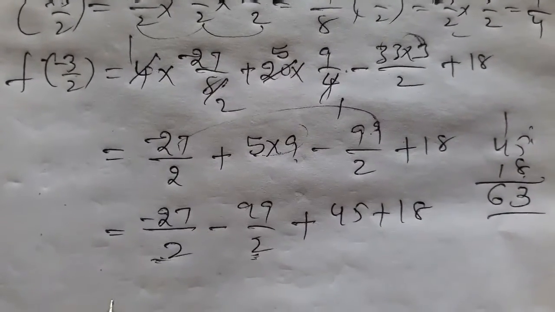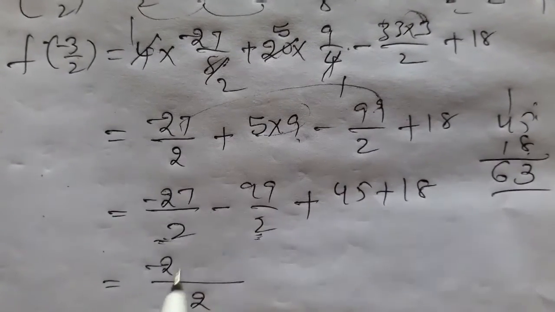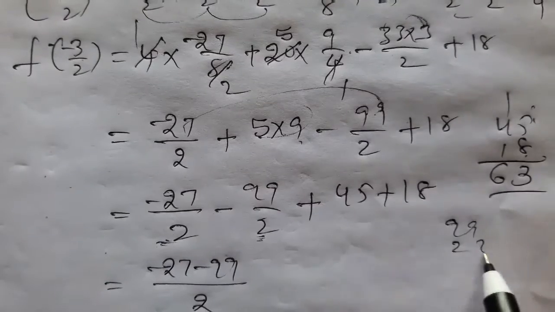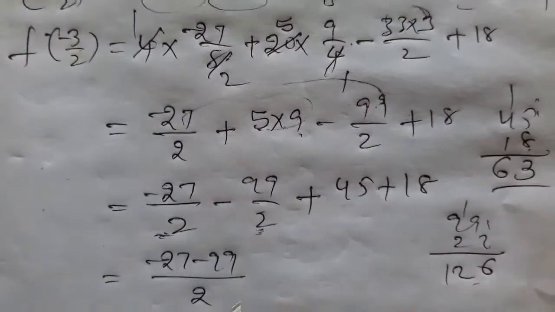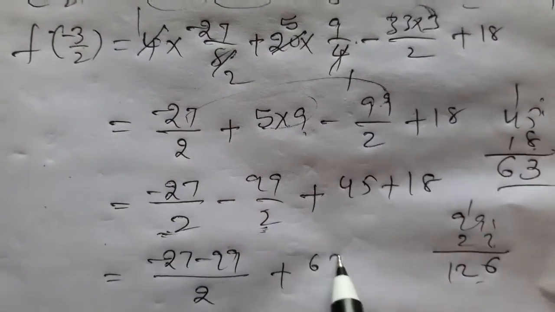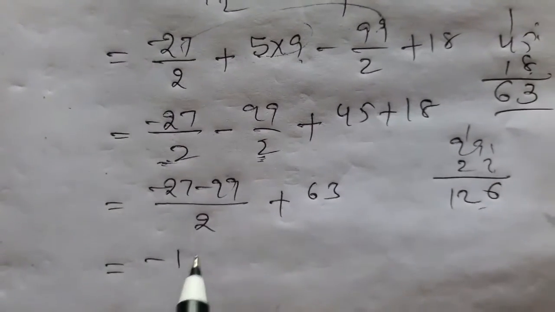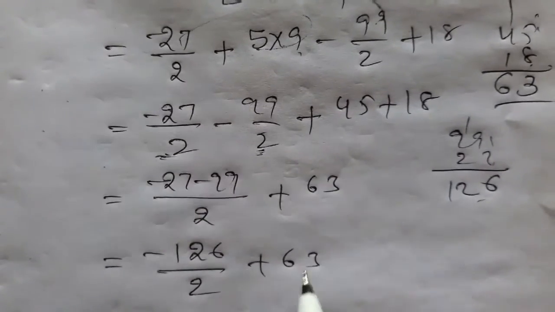So 2 is the LCM here. Minus 27 minus 99, add these two, 126. So plus this is 63. See here, minus 126 by 2 plus 63.